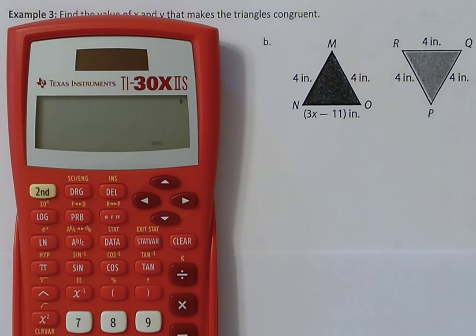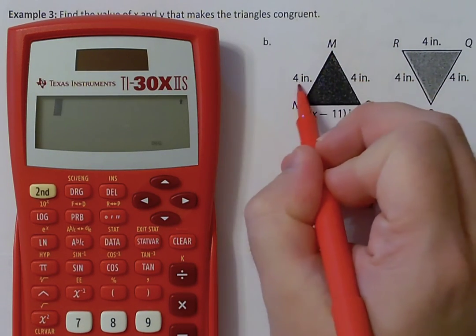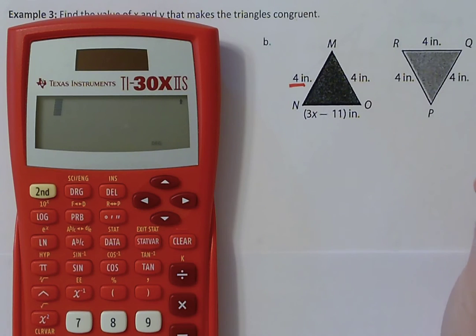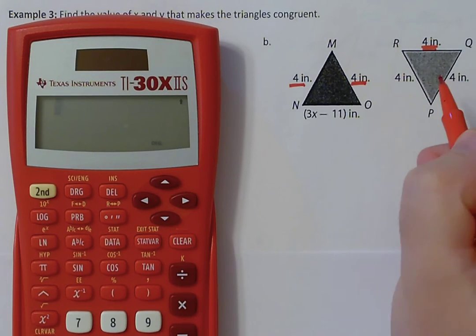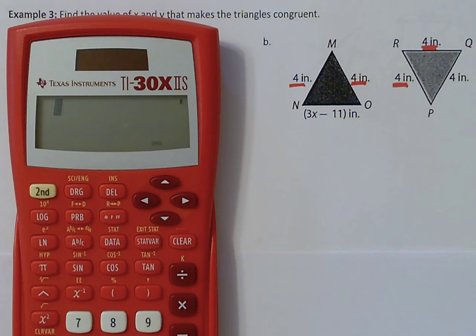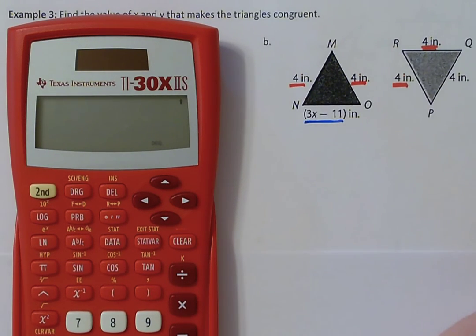If we look at B, I know that MN is 4, so I've got 4, and I have a 4 over here with RQ. MO is also 4, just like RP. So that means this third side of this 3x minus 11 needs to equal 4.